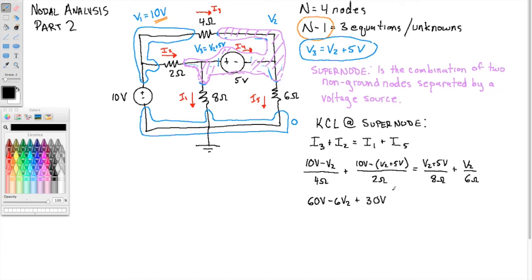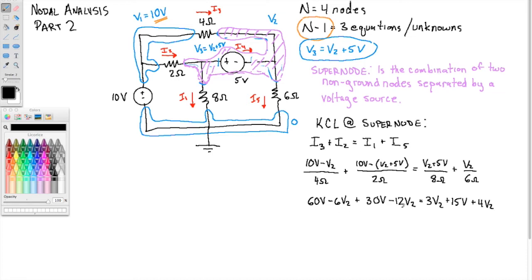I have a minus V2, so that is minus 12 V2, equals 3 V2 plus 15 volts plus 4 V2. So that's what I get when I multiply everything by 24 ohms.